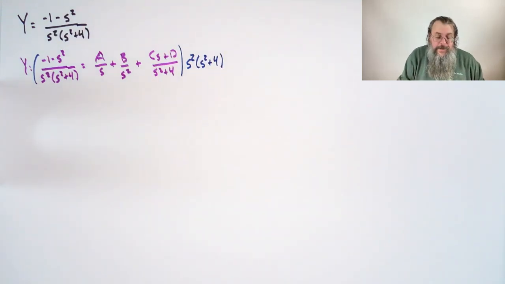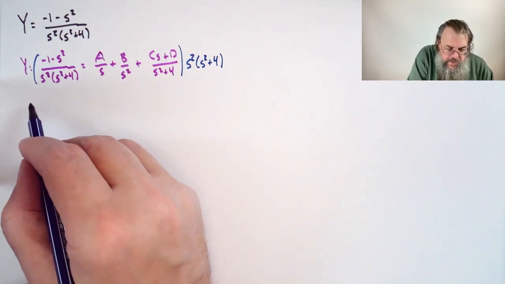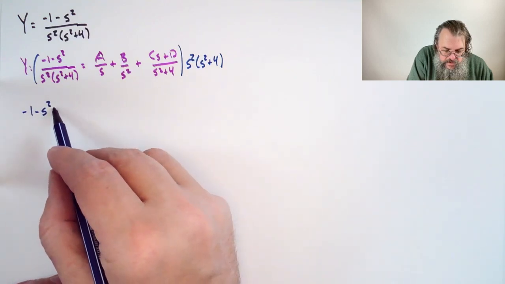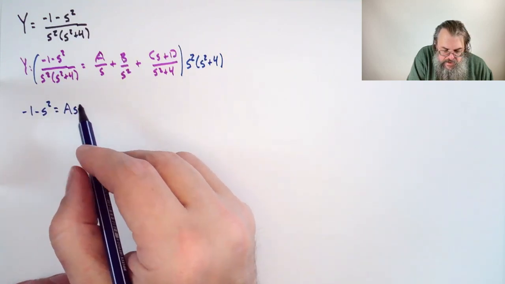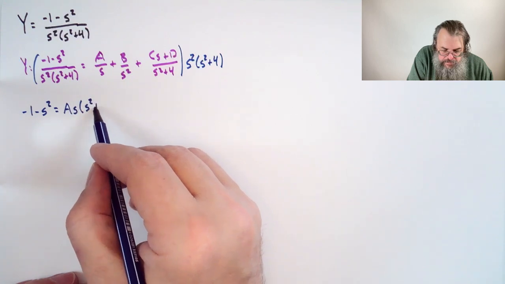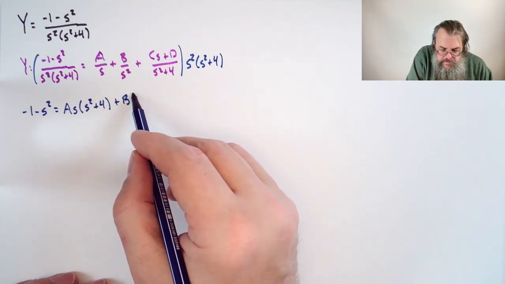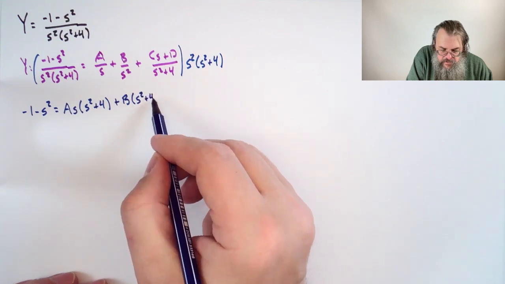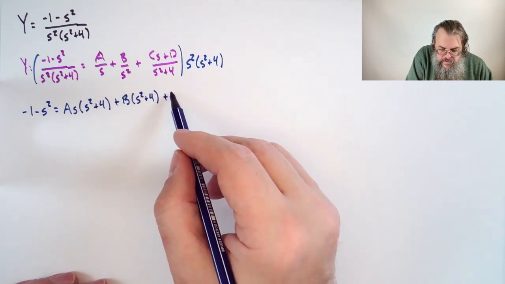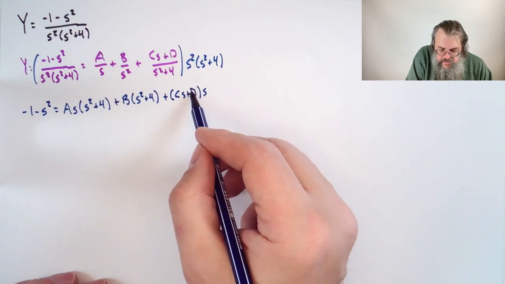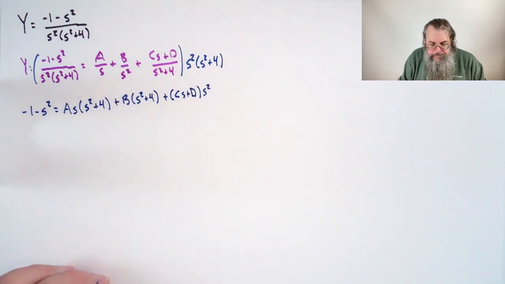And when we do that, what happens? Well, we get the following: -1 - s² is equal to a times (s² + 4) plus b times (s² + 4) plus c times s plus d times s².